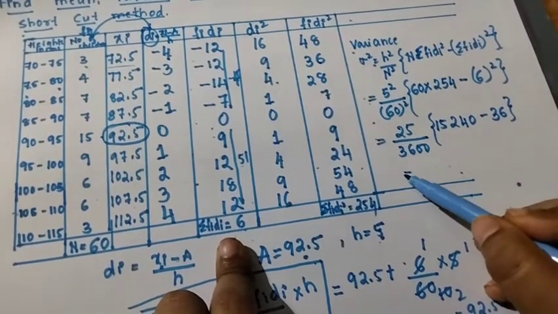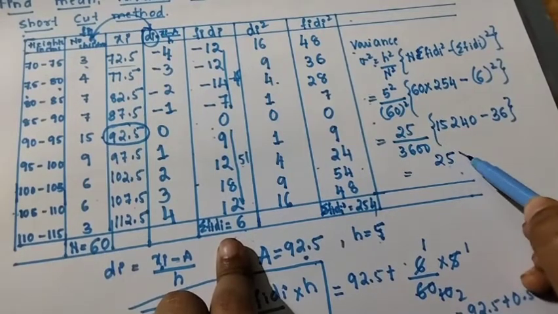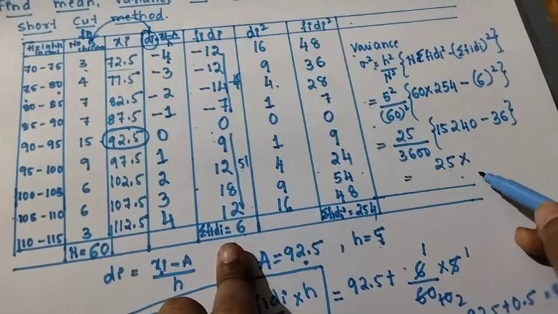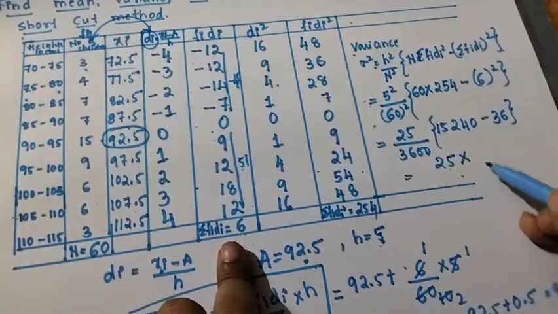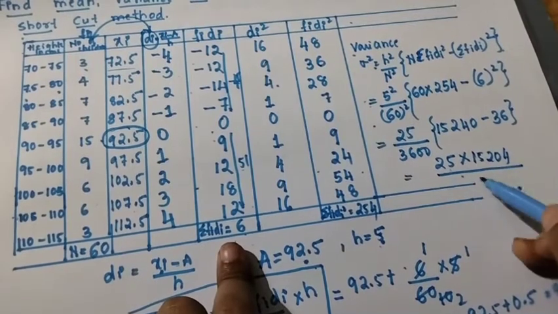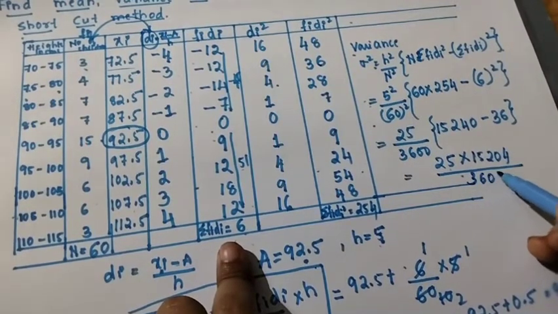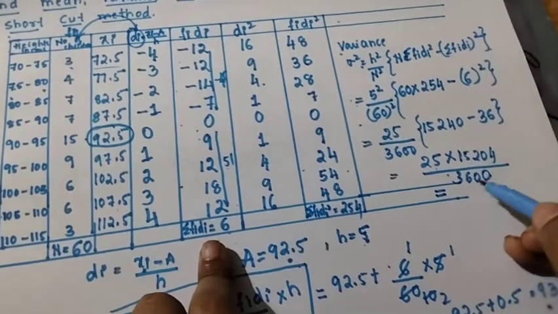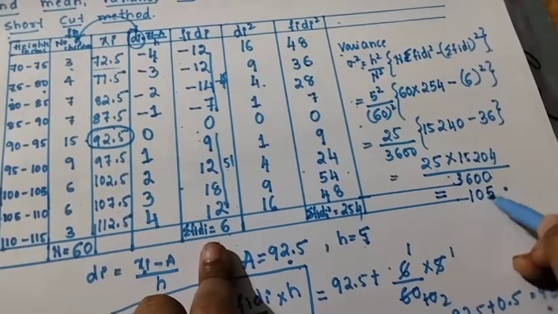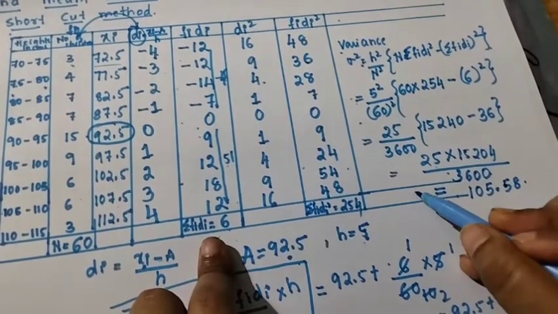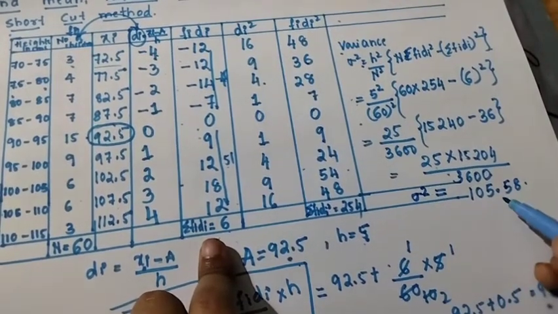So if you multiply 25 into 15,240 minus 36, it becomes 15,204 divided by 3,600. So what value do you get? 105.58. Okay, so the variance value is 105.58.